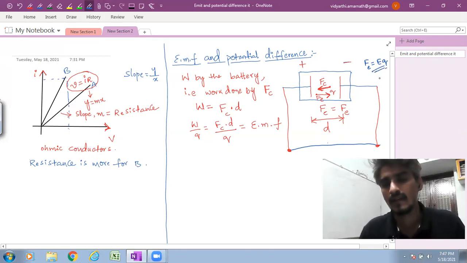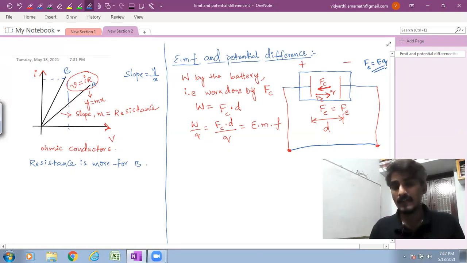This is explained in electrostatics, that when that electric field is developed, automatically electric force will be acting on it, and due to that electric force, the electrons will move, or a positive charge. If we take inside the battery a positive charge Q being taken from the positive terminal to the negative terminal, whatever it may be.